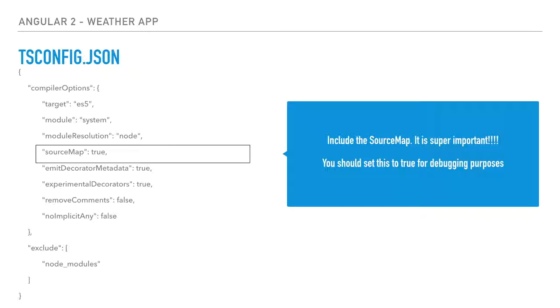We have to tell TypeScript that we want to generate the source map, so we put this property to true. Why? Because this property will allow us to link in the browser the TypeScript original file to the JavaScript. So instead of debugging in the transpiled file, you should debug in the original source file, that is TypeScript.